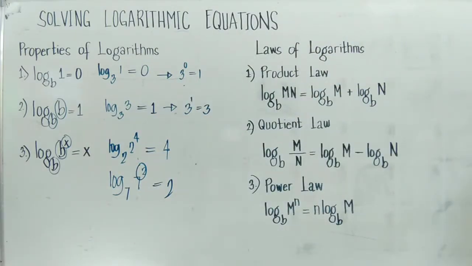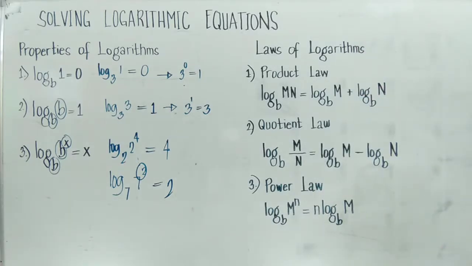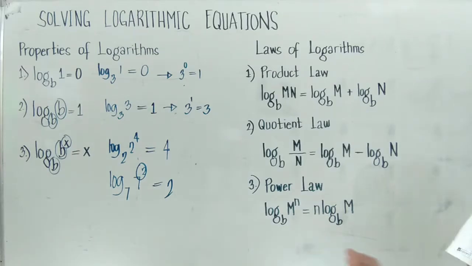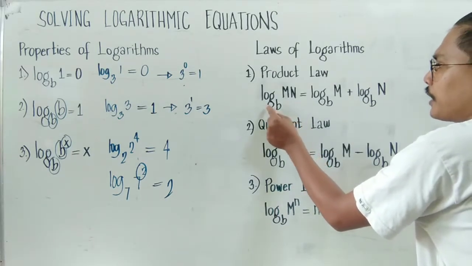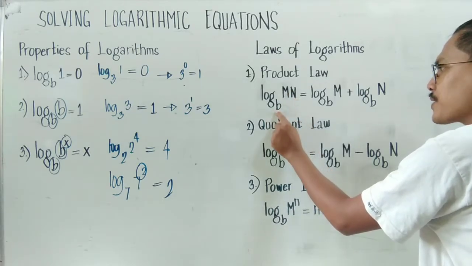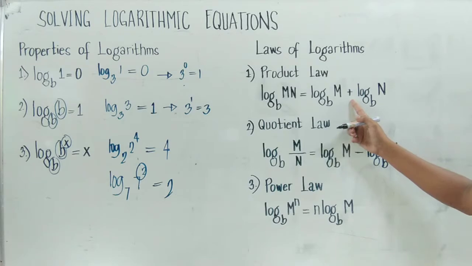So first we have your product law. Okay, so the product law says that log of m times n base b is equal to the sum of the logs.